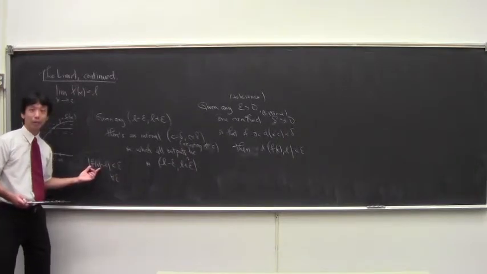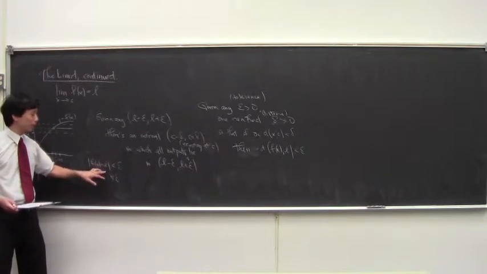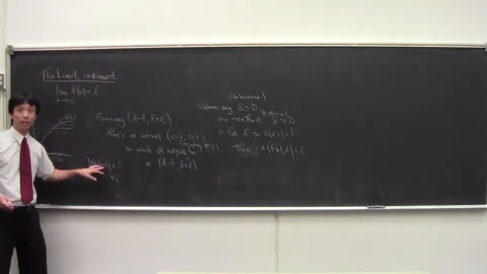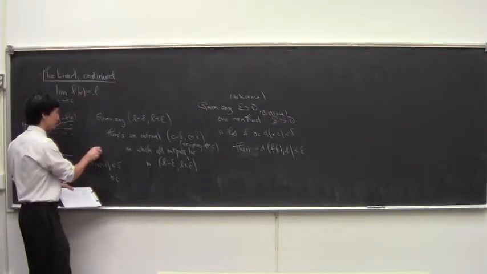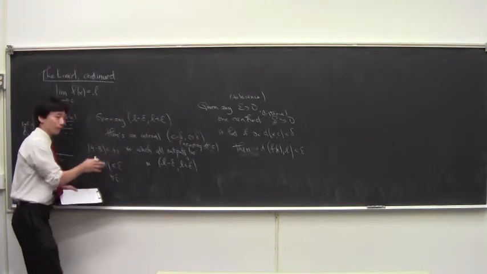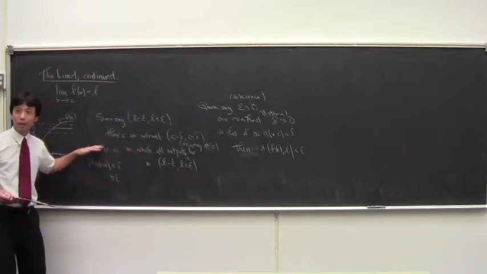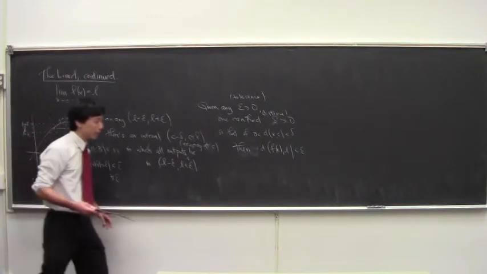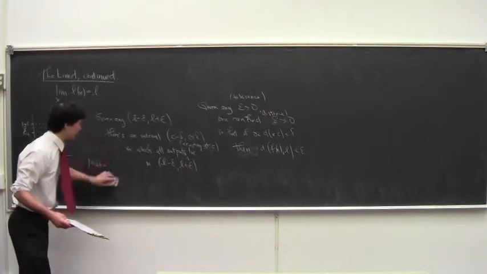This would mean that f of x actually equaled L, because if you have two numbers and their difference is smaller than anything you choose, then that forces them to be exactly the same number. So the order of the phrasing is really key. I won't go too much into it.